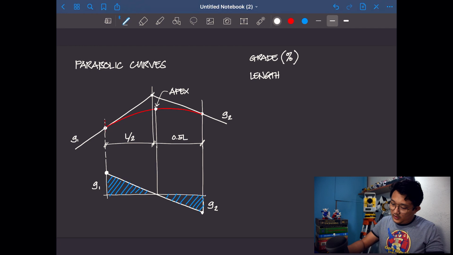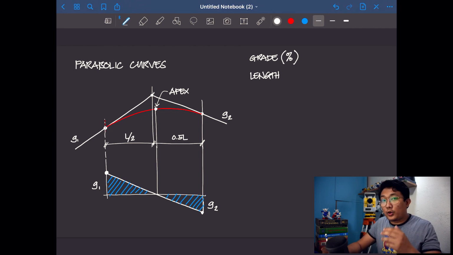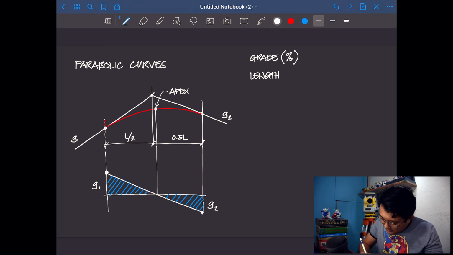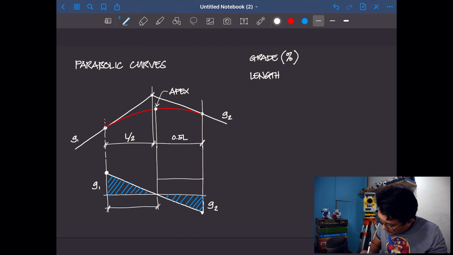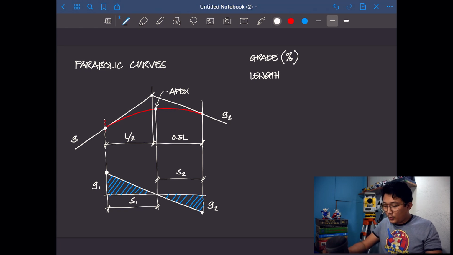Now, if we now have to locate where that happens, we can put here a dimension and another dimension right here, which we will call S1 and S2. So if we want to measure the distance of the apex from the starting point of our curve to the last point of our curve, then we will use S1 and S2.